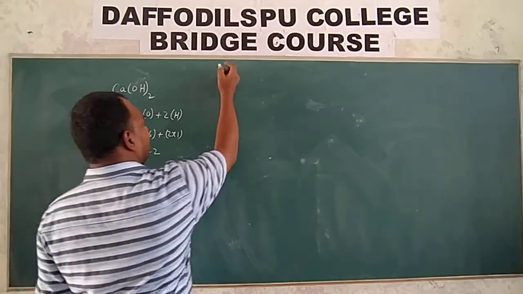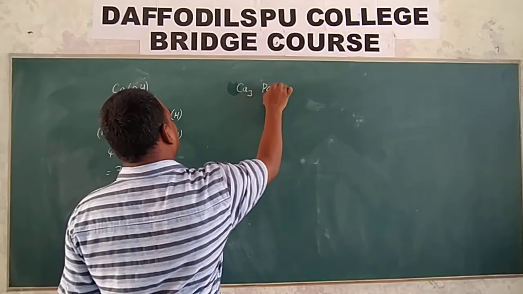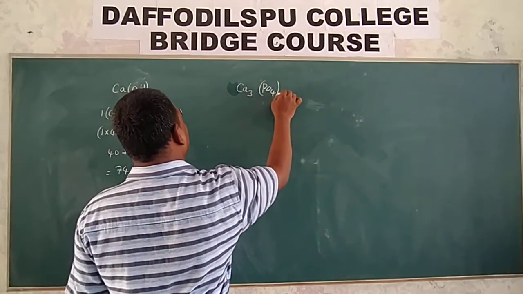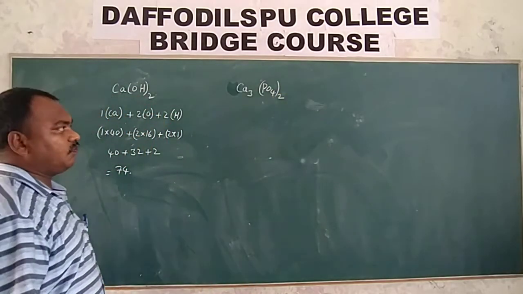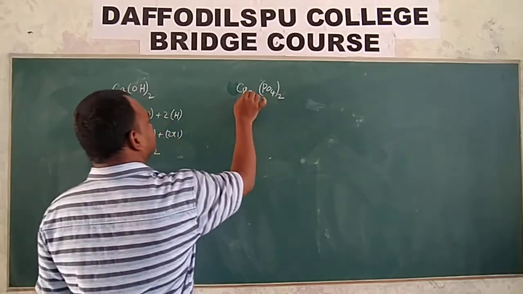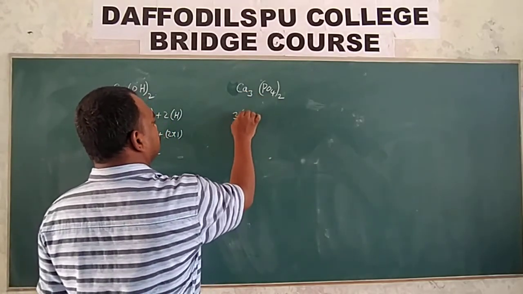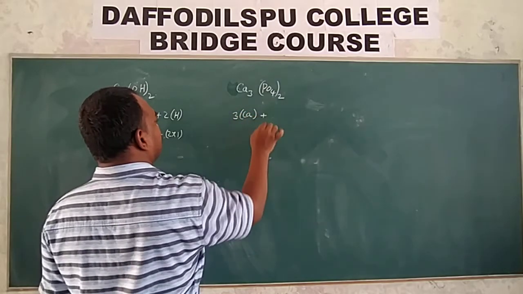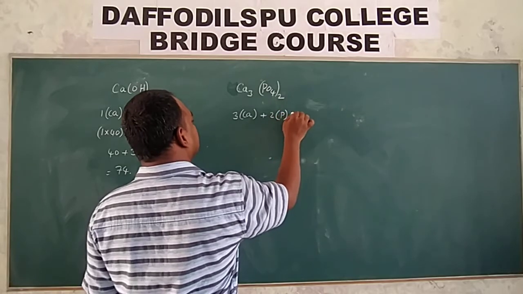We'll look at another example. Ca3(PO4)2, calcium phosphate. Here, how many calciums are there? 3 calciums. How many phosphorus are there? 2 phosphorus.